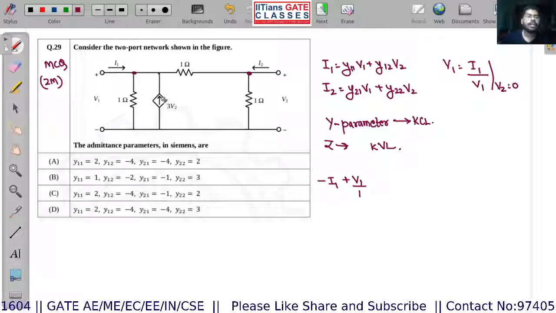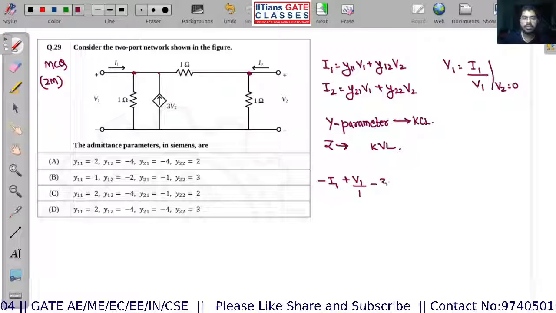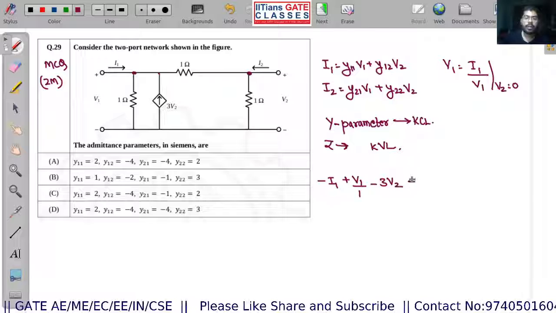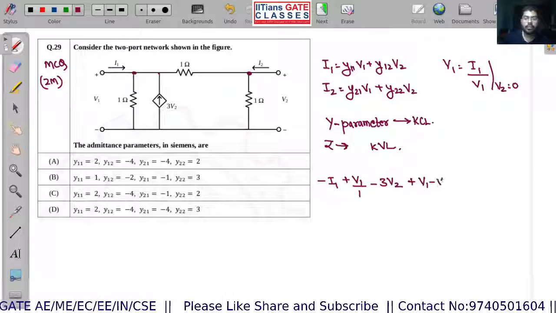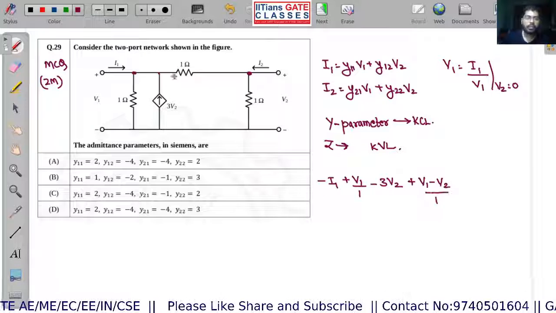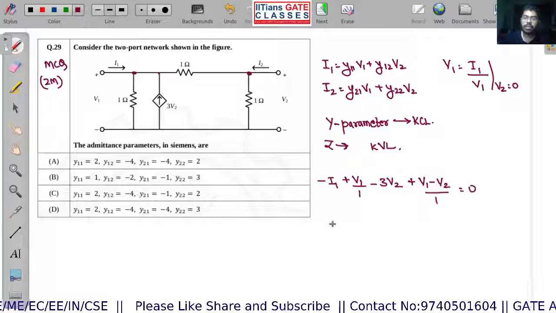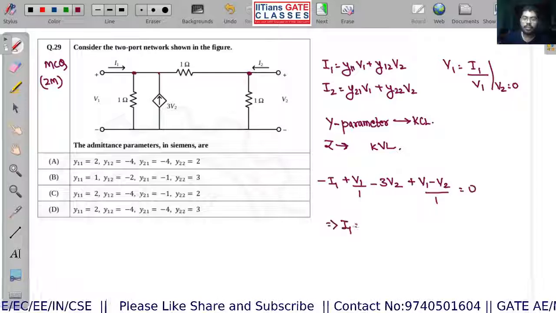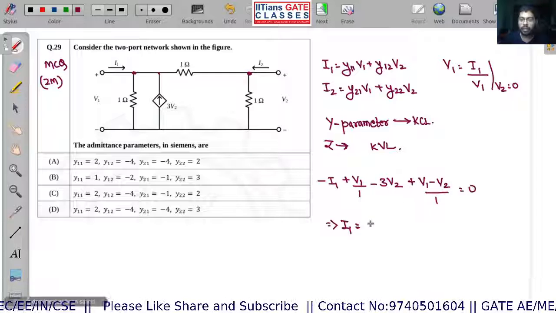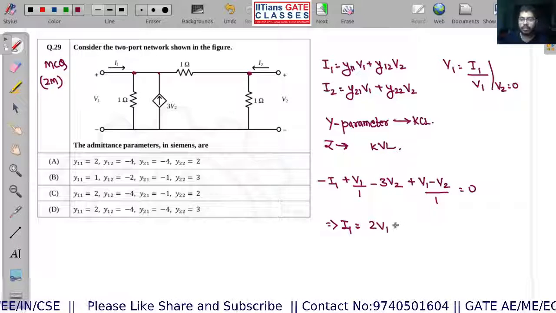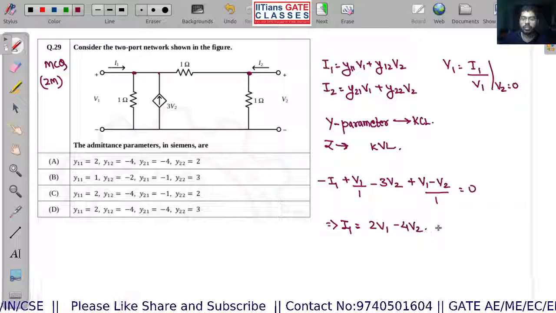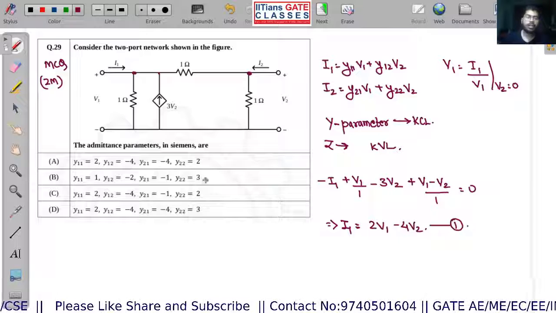So here there is an incoming current minus 3V2 plus V1 minus V2 by 1, which is equal to 0. So I1 comes out to be 2V1 minus 4V2, equation 1.